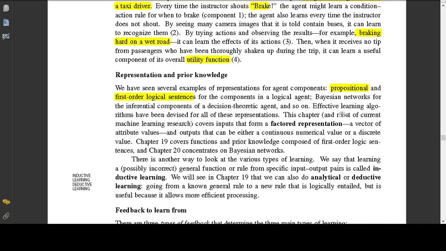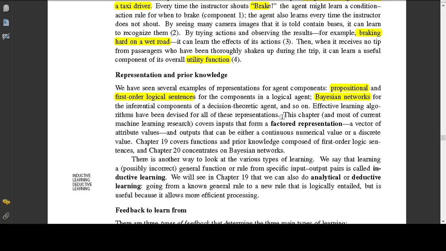Then another thing is Bayesian networks have been used to store the information or the knowledge, for the inferential component of the decision theoretic agent and so on. So different methods are available to store the information. We can use mathematical representations, propositional logic and predicate logic, to save the rules, or we can use Bayesian networks, and some other methods are also available, like decision trees.